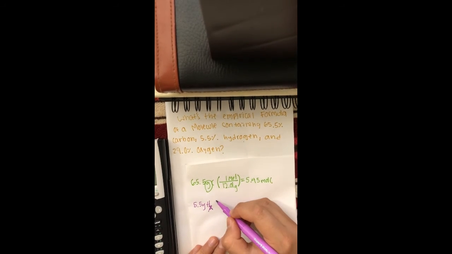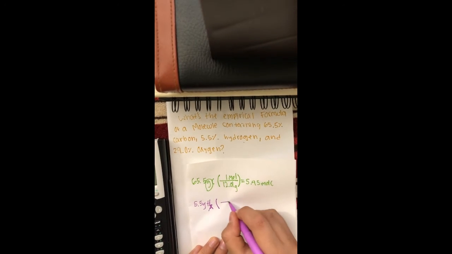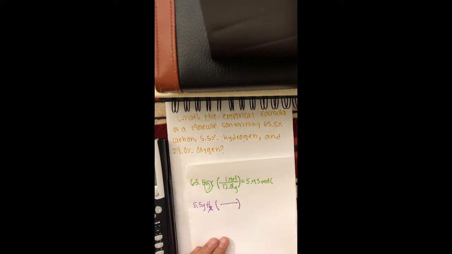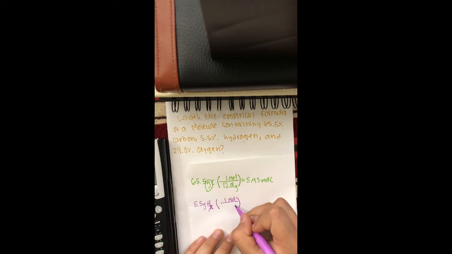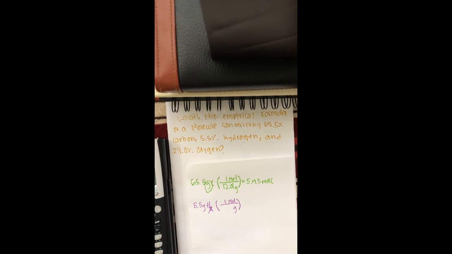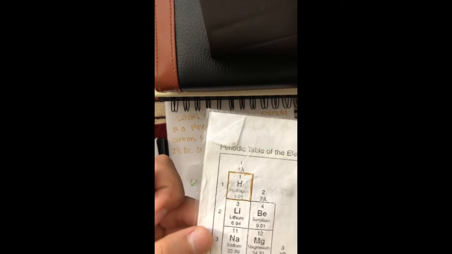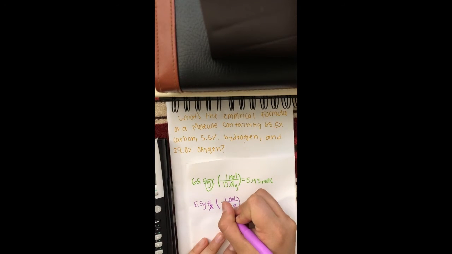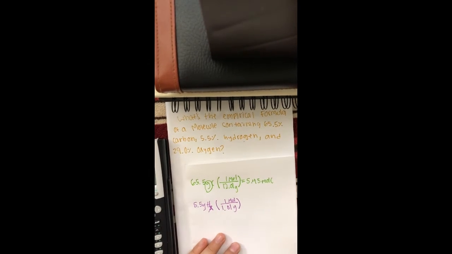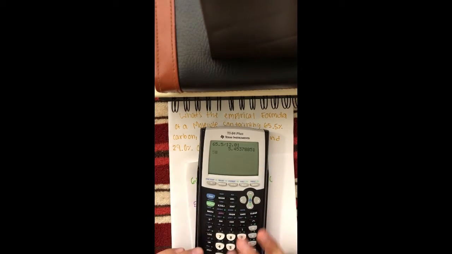Just put that H. Don't forget about that. Okay, we do the parentheses again. We're trying to look for the moles and the grams. So hydrogen in the periodic table is 1.01. Sorry about that. And we're gonna do the same thing. We're just gonna put 5.5 divided by 1.01.